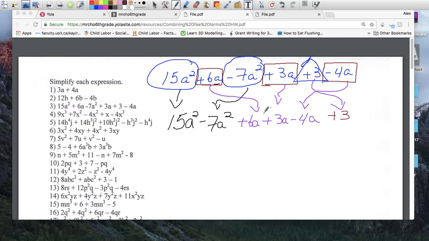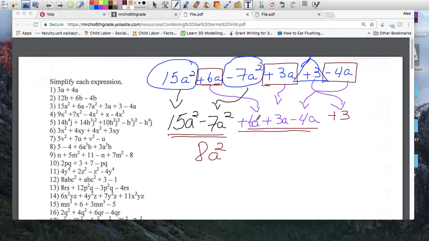All right, so now that all the parts of this expression, all the like ones, the ones that are similar to each other, are next to each other, I can add or subtract them. So I can subtract these two together, 15a squared minus 7a squared. If I had 15 a squares and I took 7 of them away, I would have 8 a squares left over. Let's do this group now.